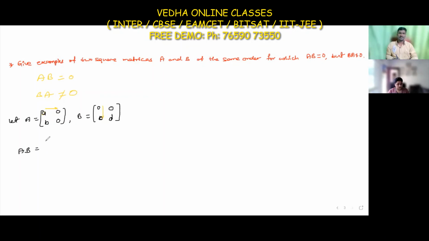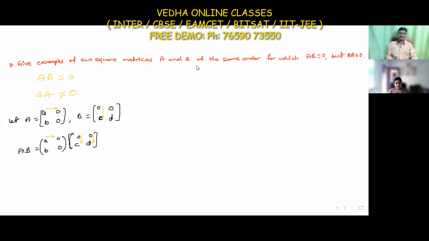I'm multiplying AB, so that is [a, 0; b, 0] multiplying with [0, 0; c, d]. We multiply rows with columns: first row with first column, first row with second column.